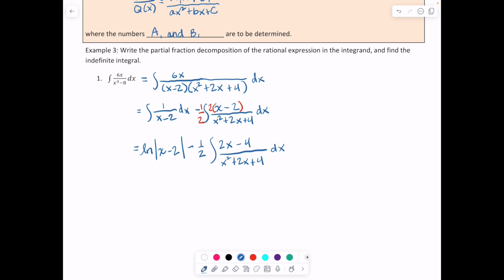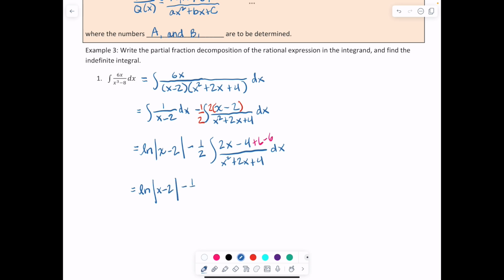Now remember how I wanted 2x plus 2? So in order to get a positive 2 there, I need to add and subtract the same amount, basically adding 0. So if I add 6 and subtract 6, when I add 6 to negative 4, I'll have the positive 2 I wanted. And then I'll rewrite that one into 2 indefinite integrals.